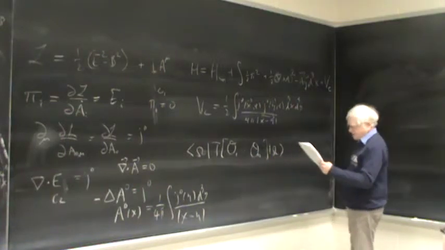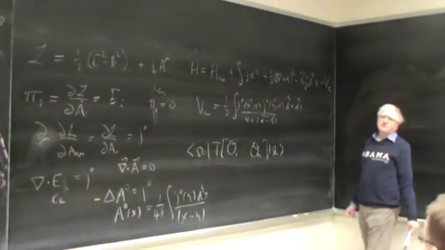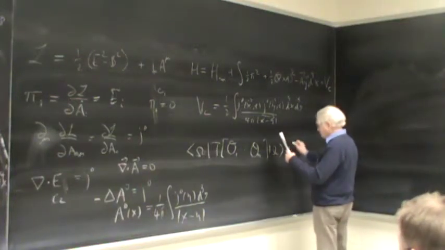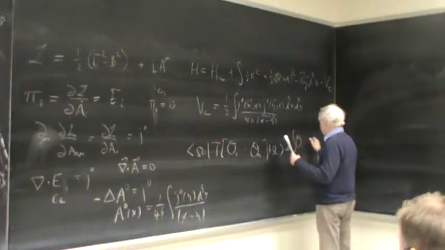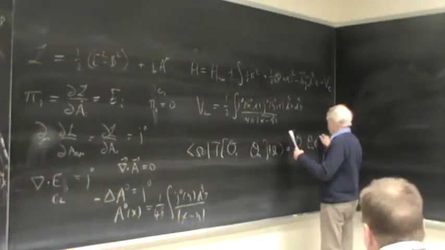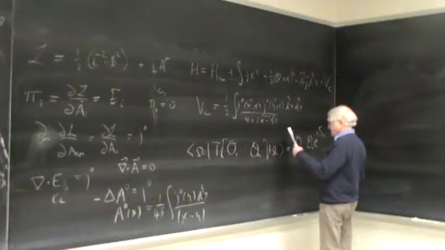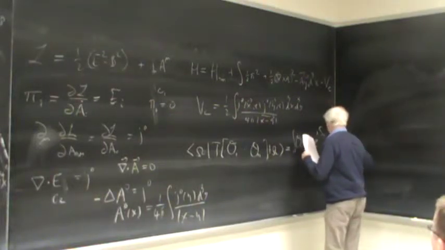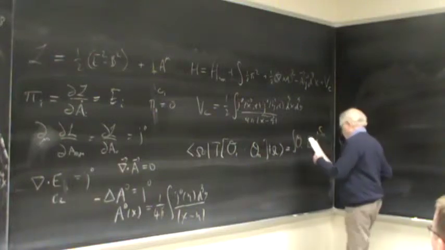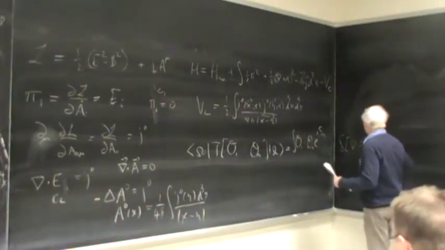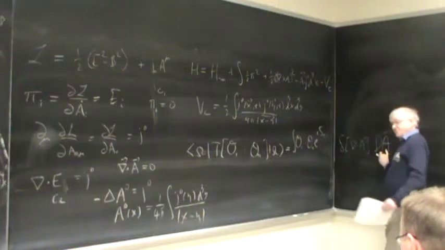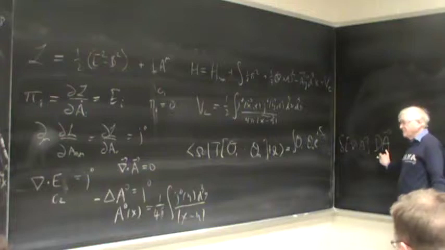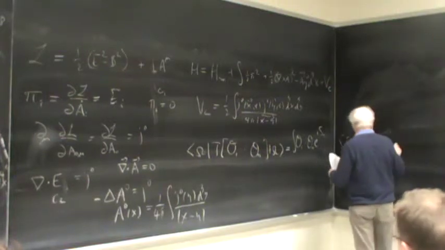Initially, these are any old operators, but pretty soon we're going to restrict ourselves to gauge invariant operators. So it's the classical version of these things: e to the i S sub C, a functional delta function imposing the Coulomb gauge, and then we integrate over the three space components of the electromagnetic field.